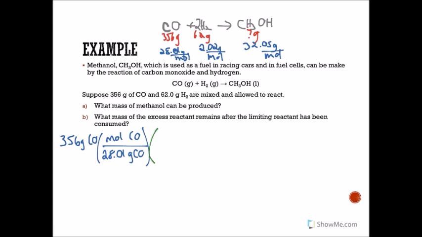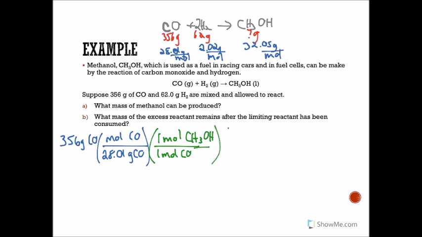We use our molar ratio. You have 1 mole of carbon monoxide to 1 mole of methanol. That's what we're looking for, CH3OH.